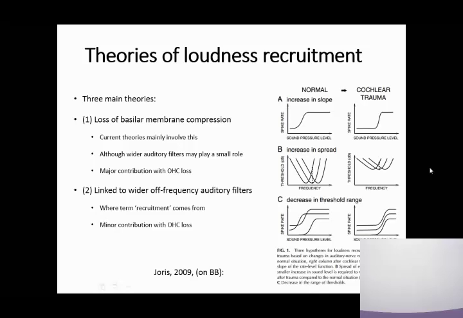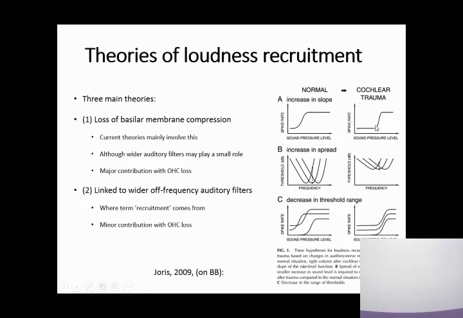The point is, if you have filters that are broader and higher, but mainly broader, you don't have to go very much higher to recruit the other filters left and right. That's where the term recruitment comes from, and probably it's always a mixture of all of these.